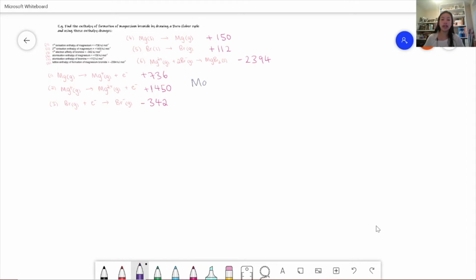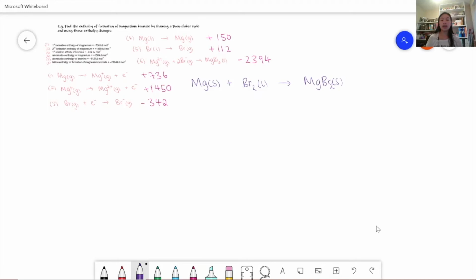We've got magnesium, which is a solid in its standard state. I'm going to add it with bromine, which is a liquid in its standard state. And this is going to form magnesium bromide, the solid. It's a solid ionic compound. And so that should be MgBr2.